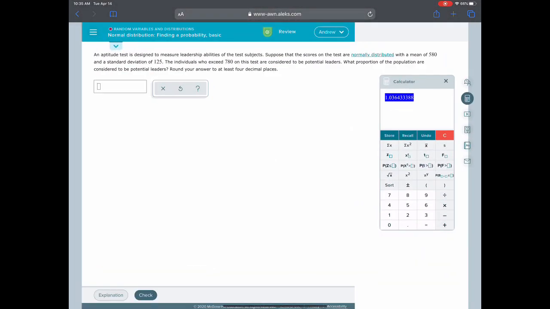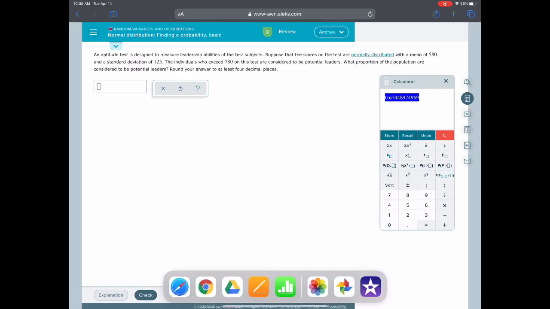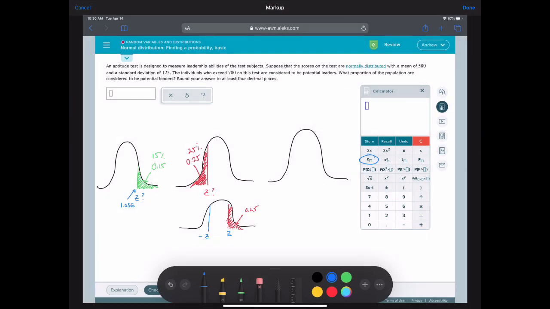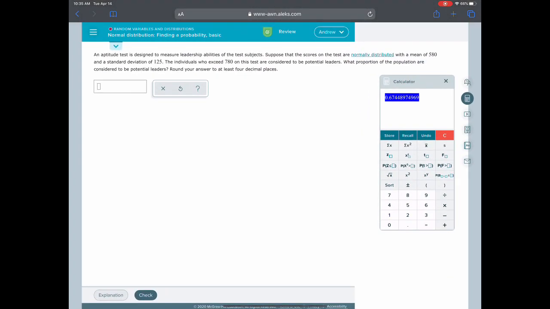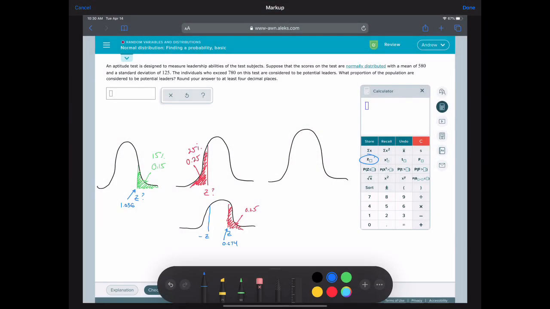So, for example, in our calculator we just put Z of 0.25, and we get 0.674. So go back here. This area is what the calculator is actually giving us, 0.674. But we want this side, we want the left.